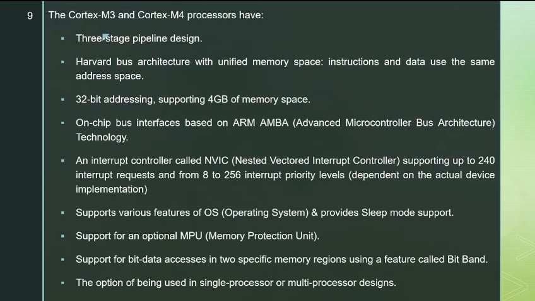It supports various features of operating systems and provides sleep mode support. It also supports an optional MPU, that is memory protection unit. It supports bit data accesses in two specific memory regions using a feature called bit band. There is also the option of being used in single processor or multiprocessor designs.